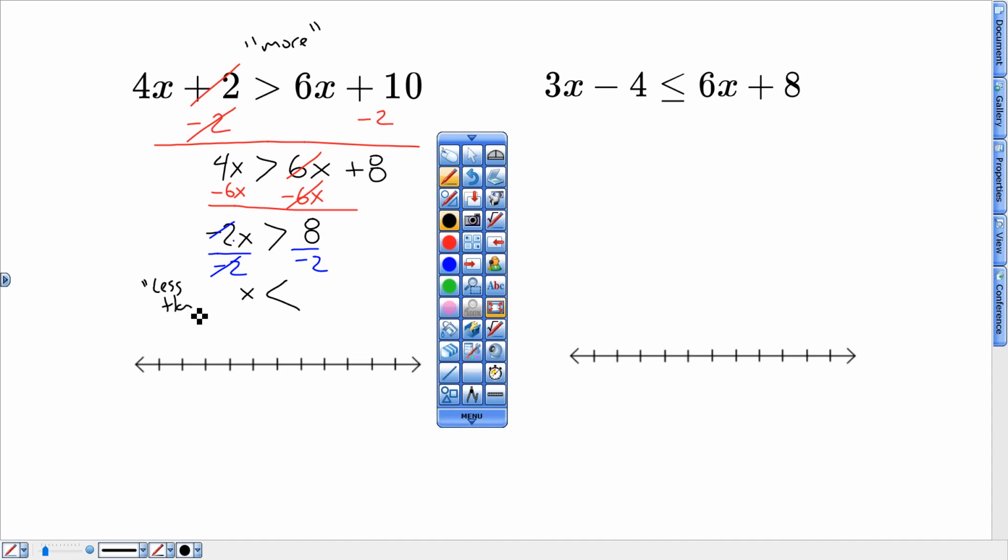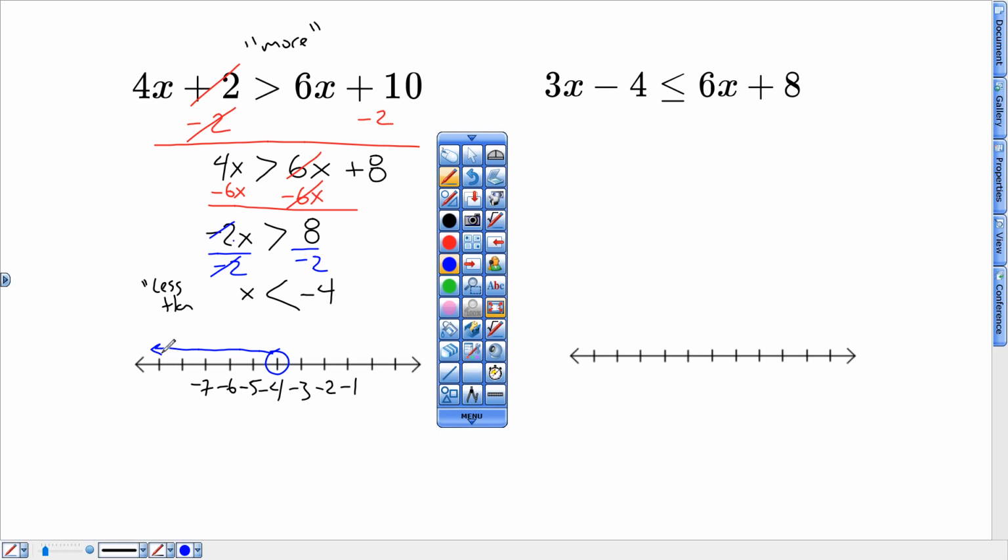So that gives me negative 4. 8 divided by negative 2 is negative 4, use your calculator. Negative 4, negative 3, negative 2, negative 1, negative 5, negative 6, negative 7. That's going to be an open circle, arrow to the left for less than.